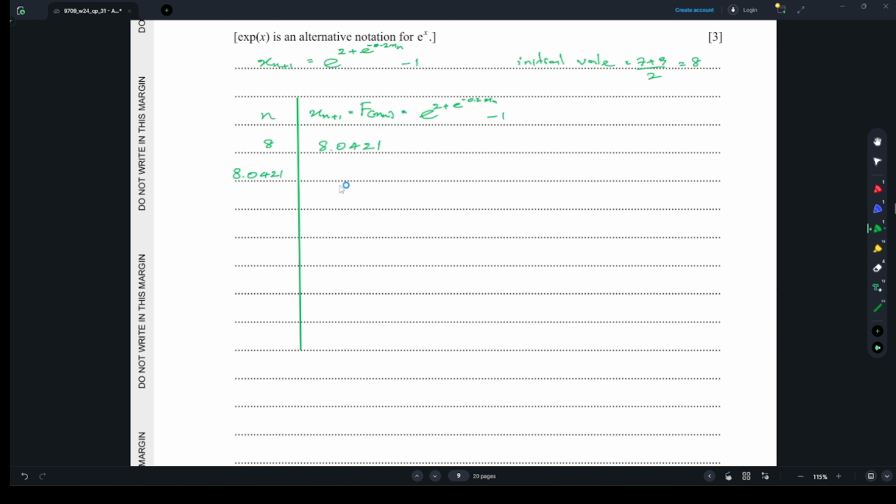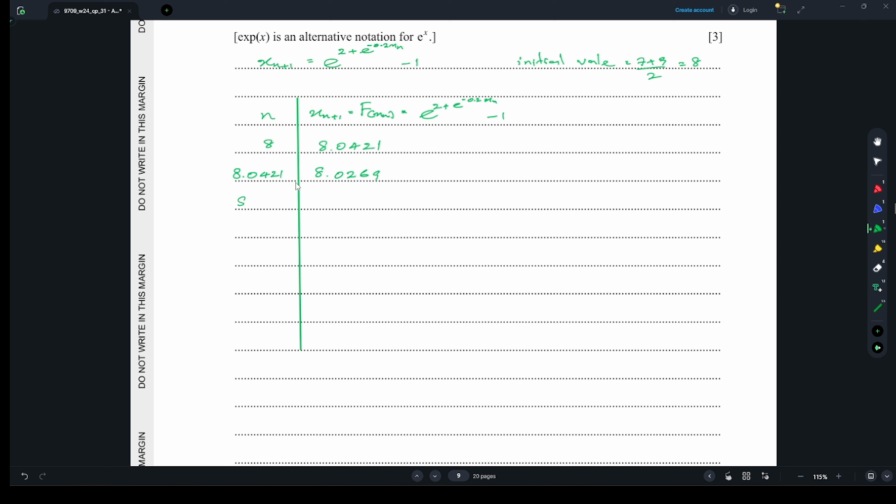So when you substitute now 8.0421, you will receive 8.0269. So again, the first two decimals: the first one is 0.4, the other one is 0.2, or when you round up, it's 3.